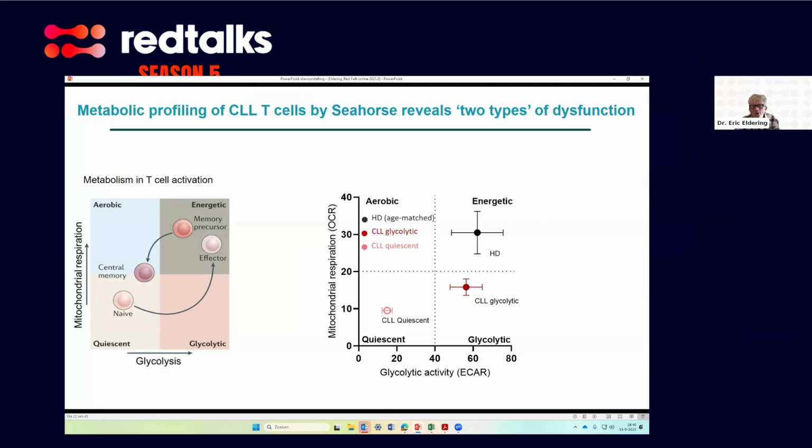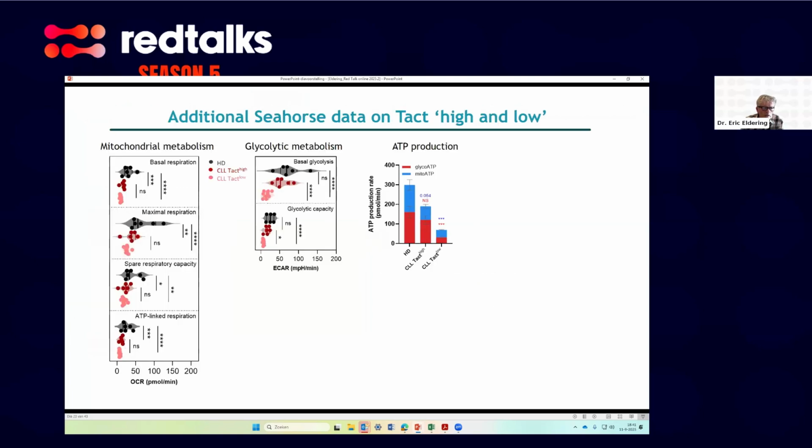So we have two types of dysfunction in CLL: cells that are actually hardly activated in these conditions, and cells that become glycolytic but don't make the transition to the increase in oxygen consumption.